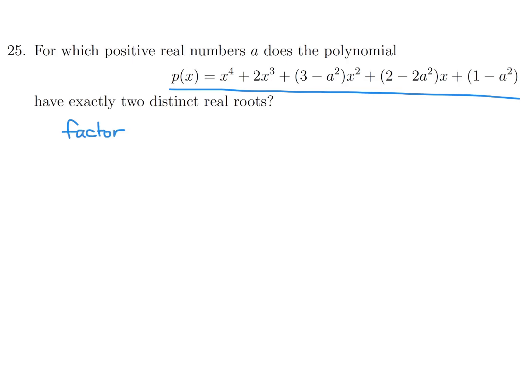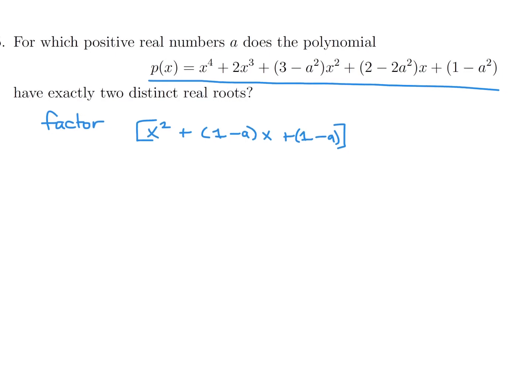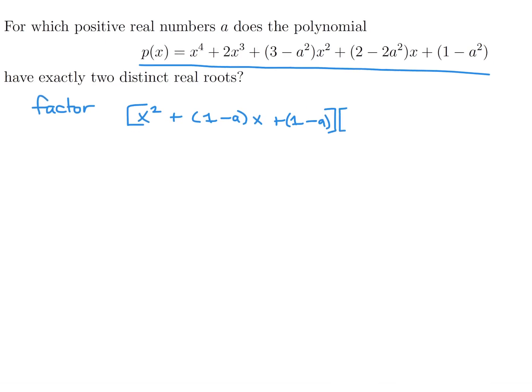And when you do, you will get x squared plus (1 minus a)x plus (1 minus a) for the first factor. And for the second factor, we have x squared plus (1 plus a)x plus (1 plus a), like that.